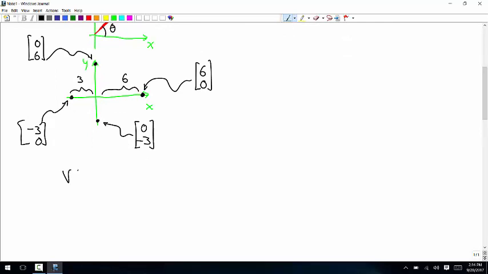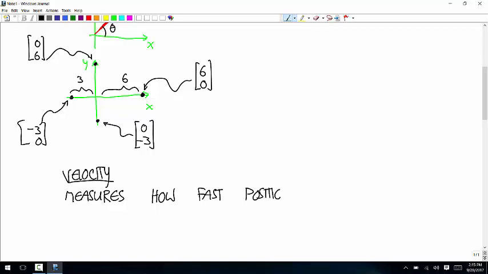So the next thing we have to define is velocity. Velocity measures how quickly the position is changing. And you would define it the same way that we did in 1D.